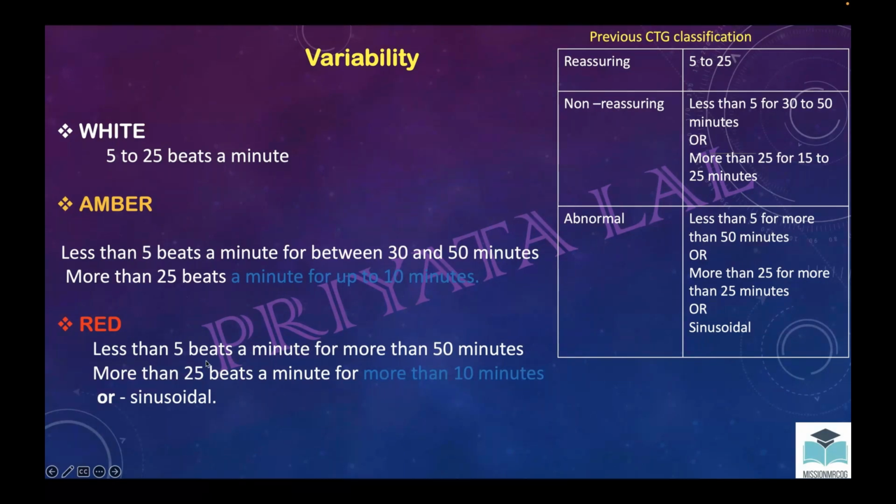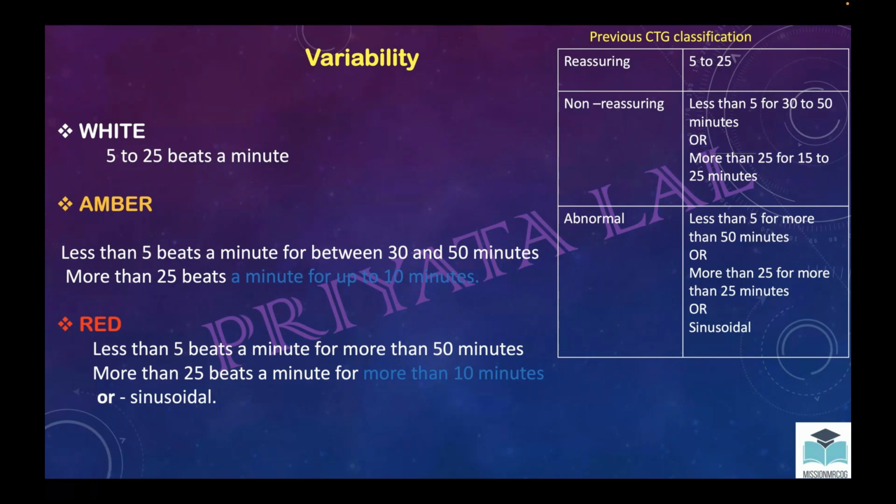That means something is wrong. So this is your variability. And previously 15 to 25 minutes has been reduced to 10 minutes. So this is the new change in the guideline. You should know that. For part 2 people, you will get question from this part only.